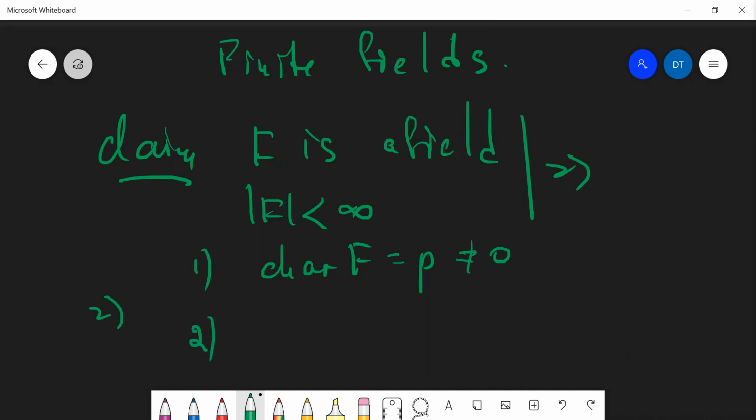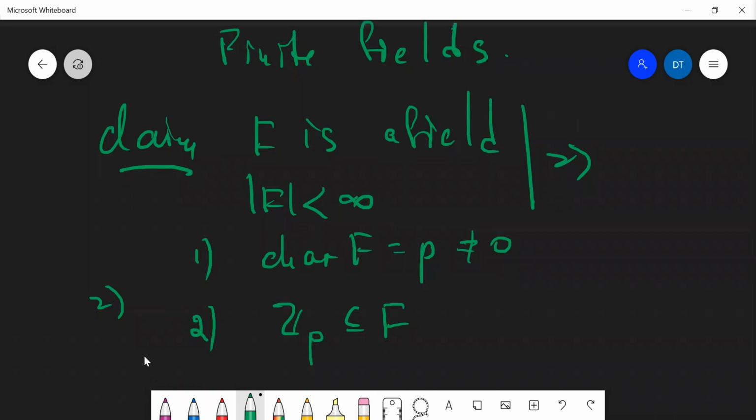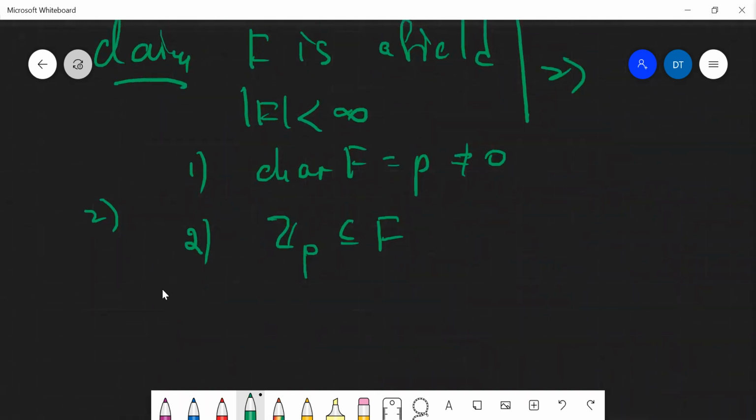And the second claim: it must contain Z_p. The second part immediately follows from the first part. We already know that if our field has prime characteristic, then it contains Z_p as a subfield. So we need to show that the first claim holds.